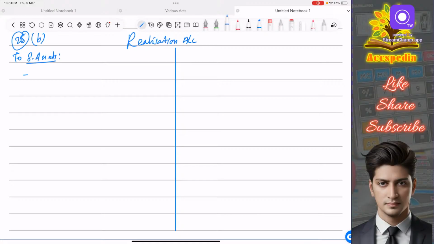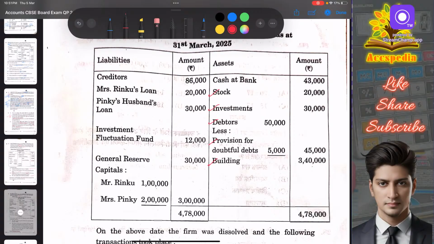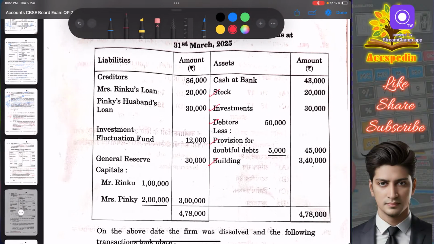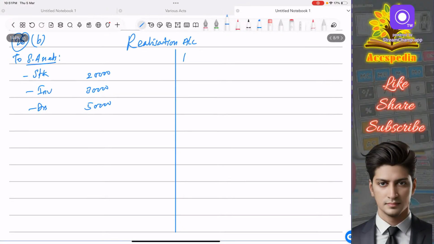What and all do we have? Stock 20,000, investment 30,000. I think debtors was 50 or 40, 50. Provision this side. Any asset for which there is any provision or reserve has to be transferred to the credit side, like debtors we have provision, investment we have investment fluctuation reserve.